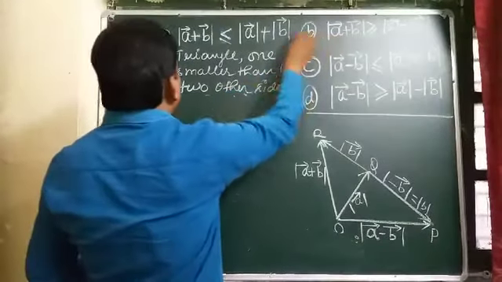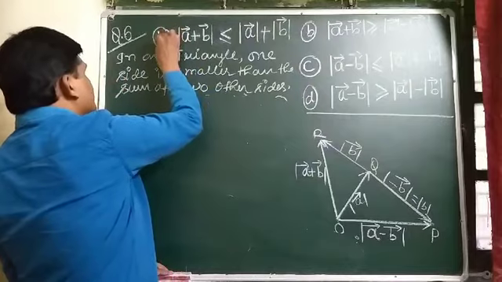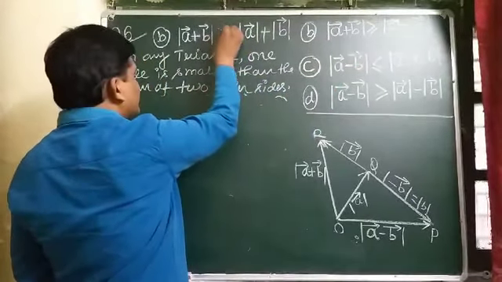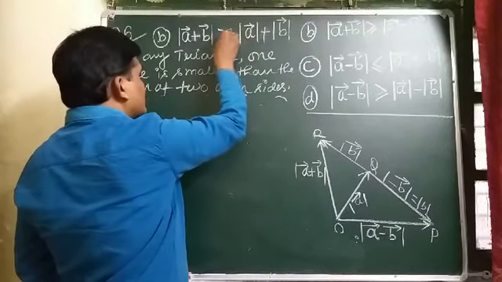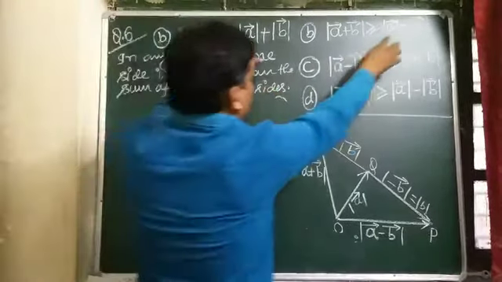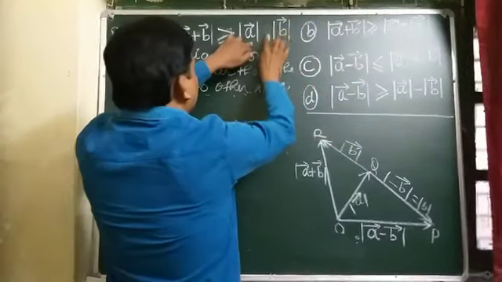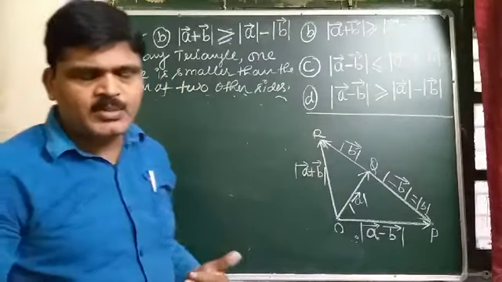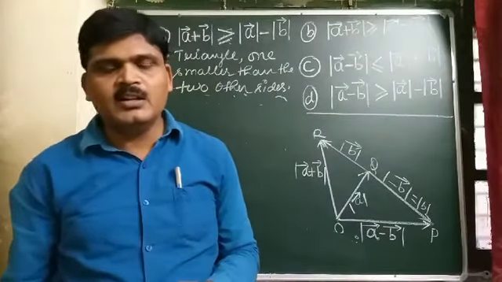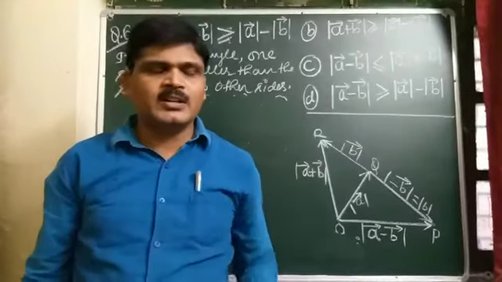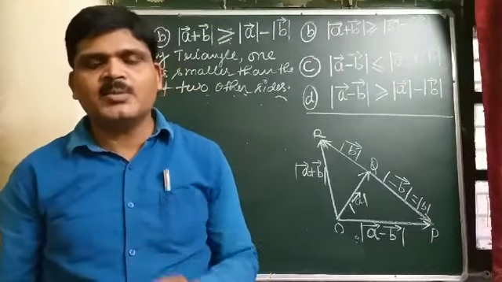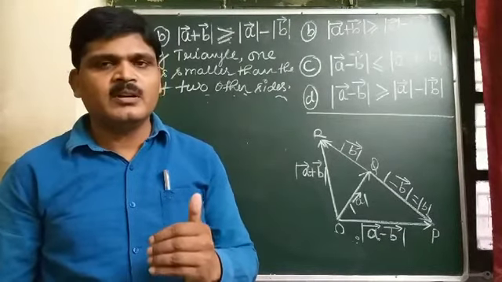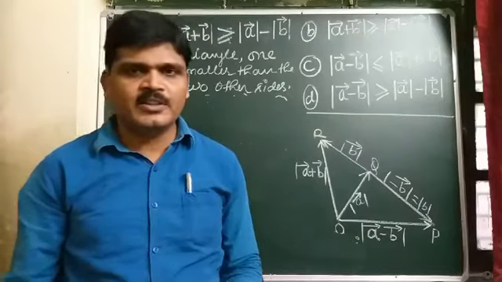The second part, that is the B part: mod of vector A plus vector B is not equal to, less than, greater than or equal to mod of vector A minus vector B. And student, now again we use the property of triangle, and you know that one side of a triangle is more than the difference of the two other sides of a triangle.